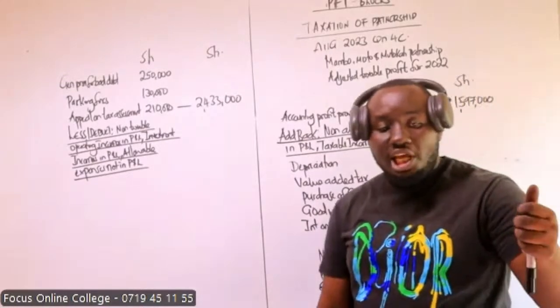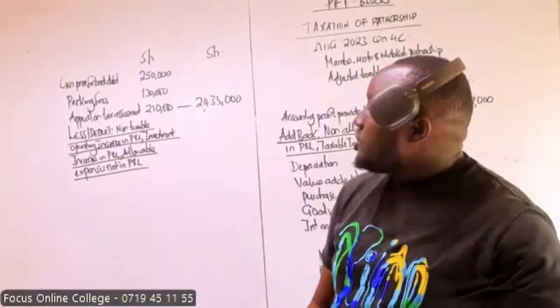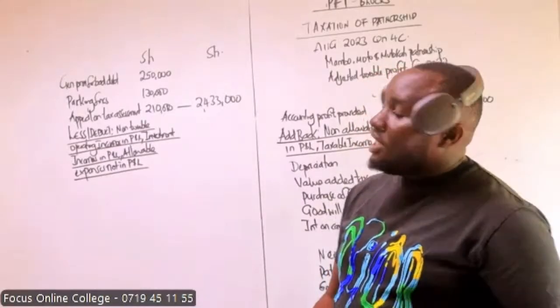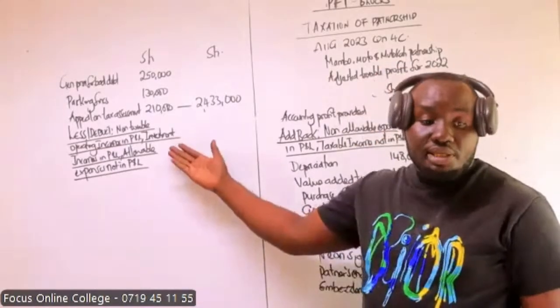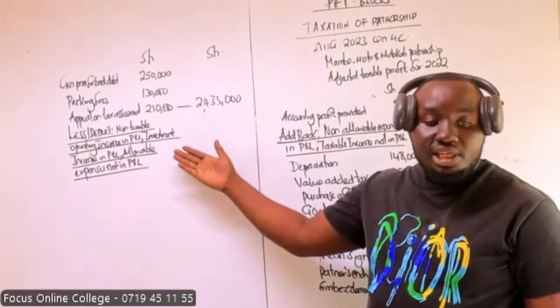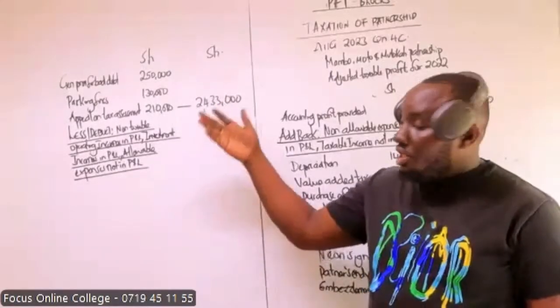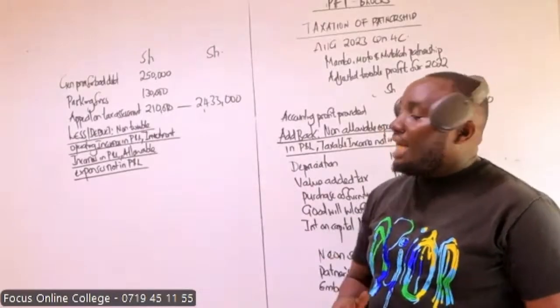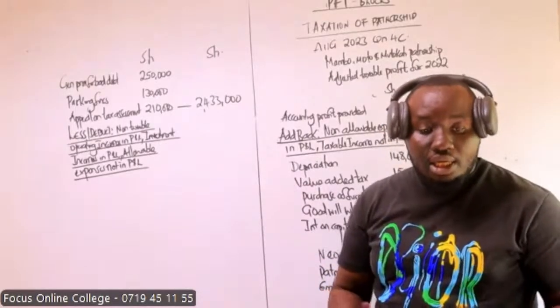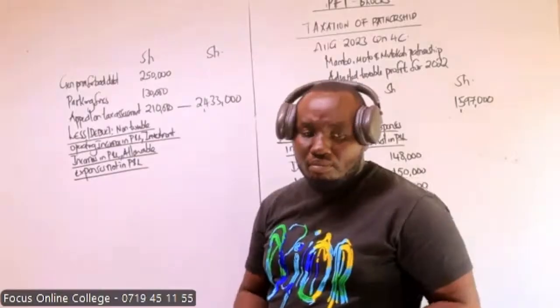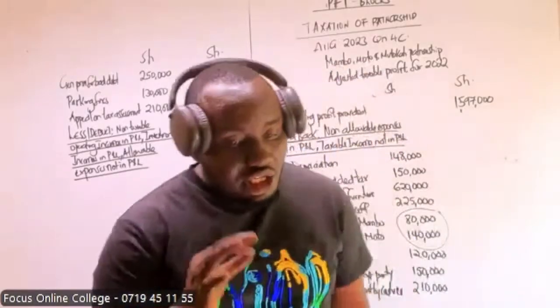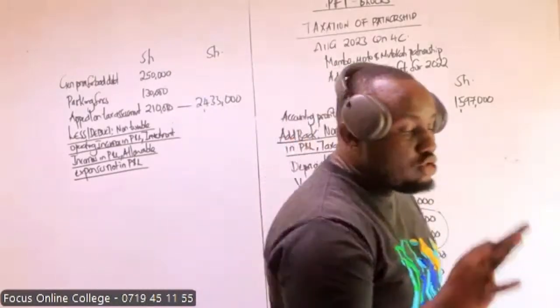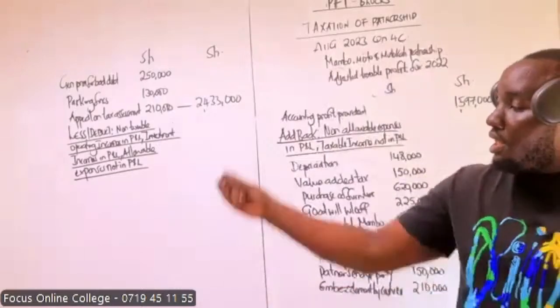Unrealized foreign exchange gain. Then you have investment income. For example, dividend income is not a business income, and interest income is not a business income. Lastly, we have allowable expenses not in the P&L. If you're given an income statement by an accountant, one of the allowable expenses you will not find in the income statement is what?